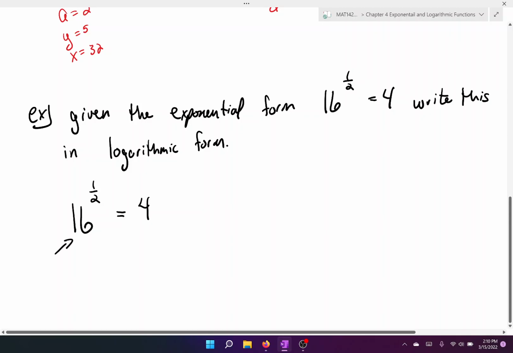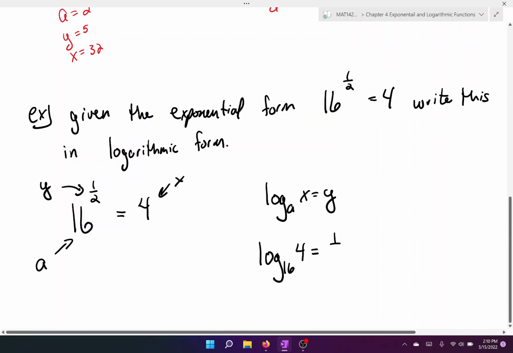So we know the 16 has to be the letter A. The 1/2 has to be the letter Y, which means the 4 is going to be the letter X. So in logarithmic form, which is log base a of x equals y, what we're going to write is log base 16 of 4 equals 1/2. And that's how we write it in logarithmic form.